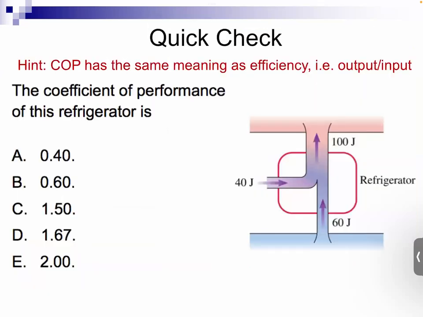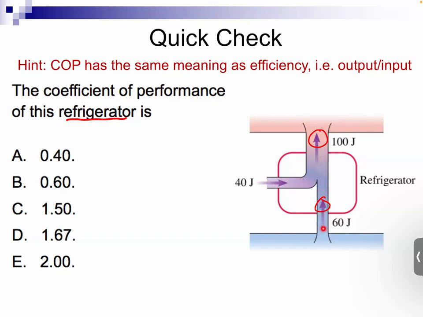All right, let's do a quick check here. Right, so here you're given a refrigerator and you want to find the coefficient of performance of this refrigerator. In this case, it's a refrigerator because the direction of the arrow shows you that energy comes from the cold region and it goes to the hot region.